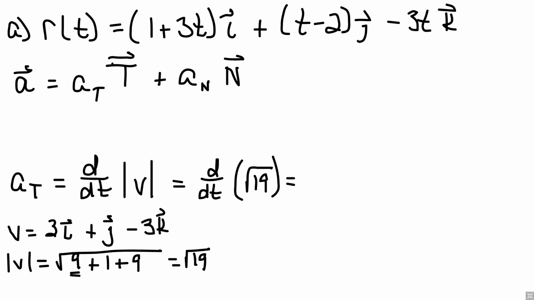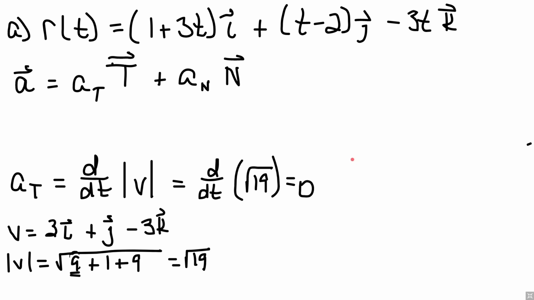Yeah, no, it's a 9, sorry. Okay, so what would be the derivative with respect to t of the square root of 19? Be 0. Okay, so that is going to be what a sub t is.